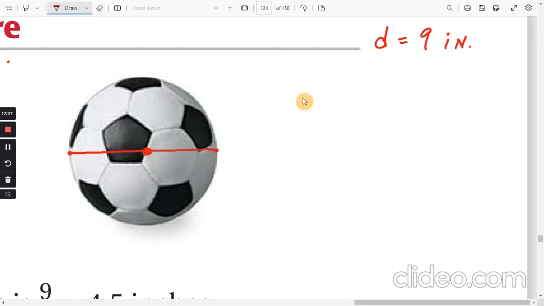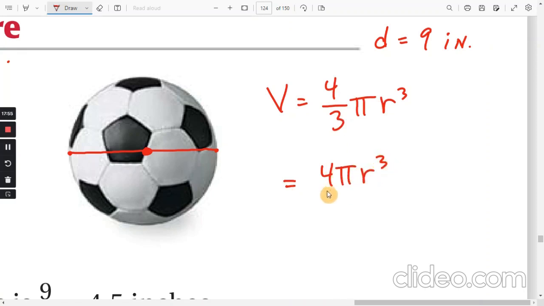Anyhow, we said the formula for volume is 4/3 pi r cubed. Okay, just for your information, the 4 and the pi and the r cubed are all in the numerator, and the 3 is in the denominator. So if it helps you, you can write it like this: 4 pi r cubed divided by 3. All right, that's the same thing.